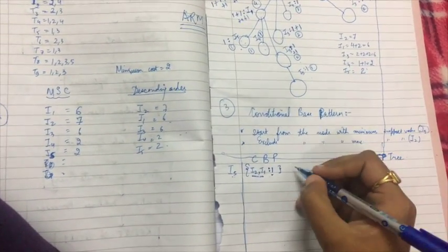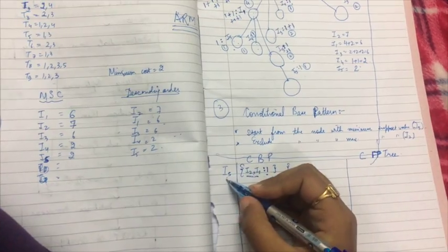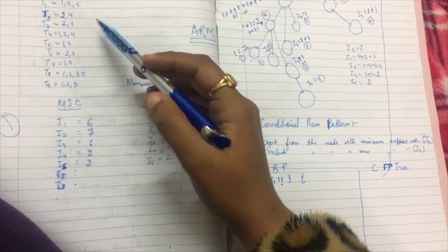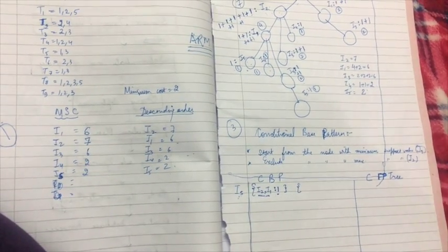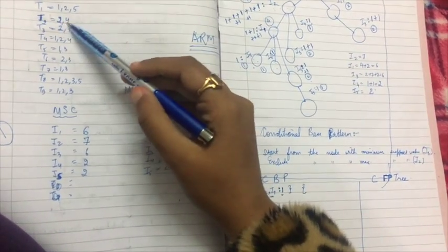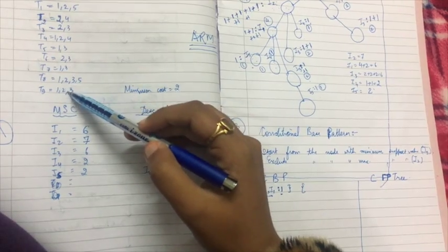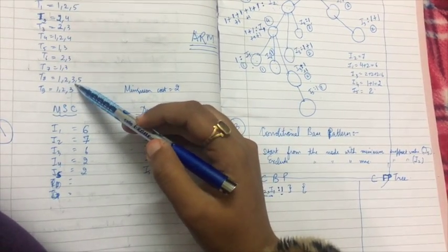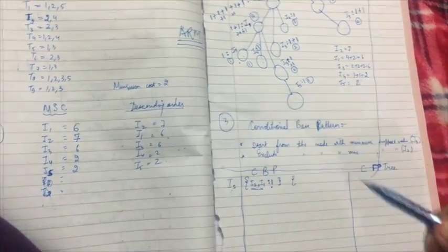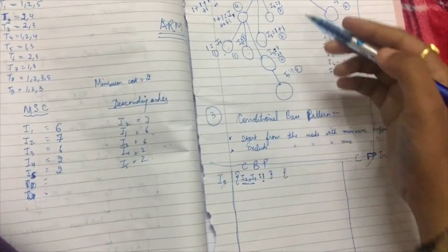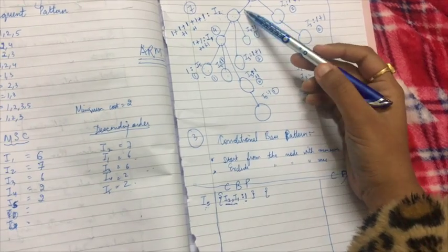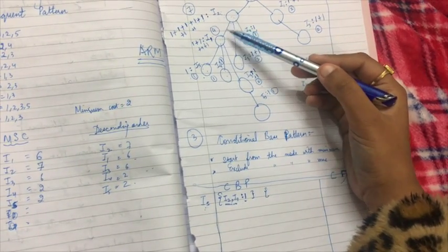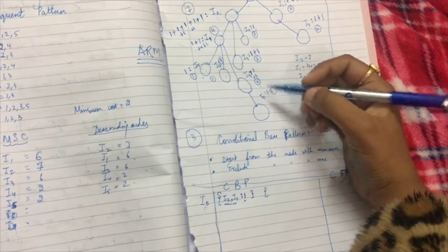The next way to reach I5, if I see from the transactions, it's easier to see from the transactions as compared to the graph, so I'll be seeing from the transactions. The other way is from I2, I1, I3 and I5.